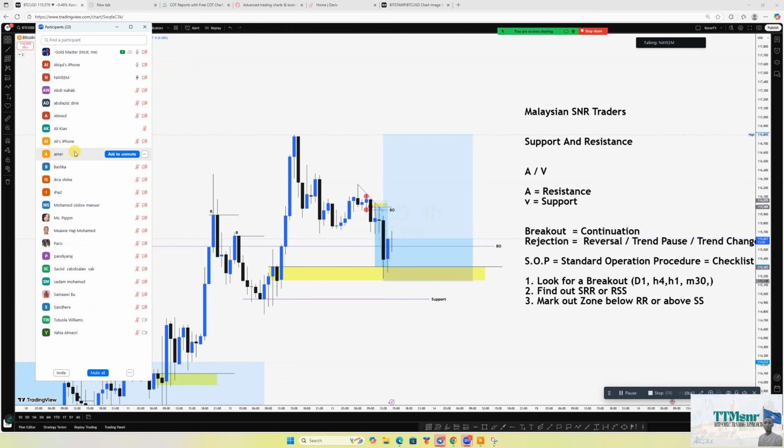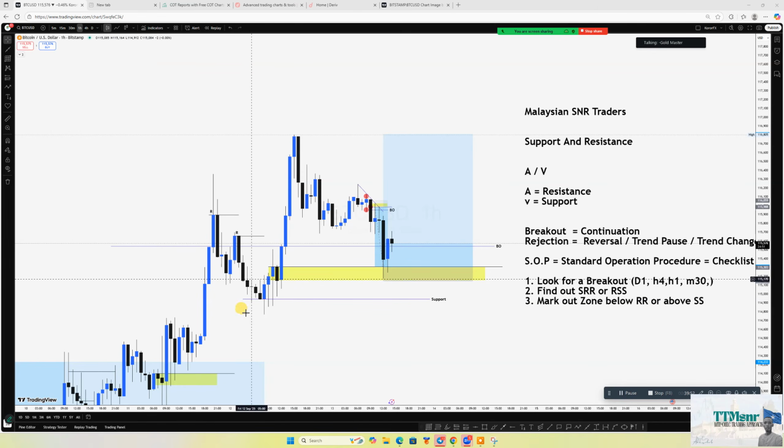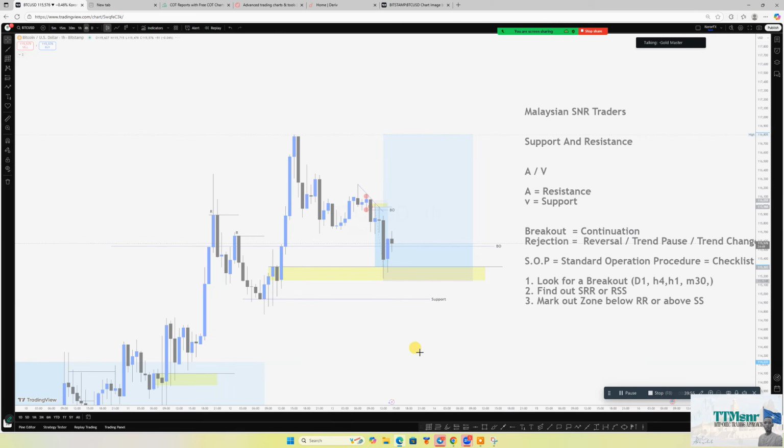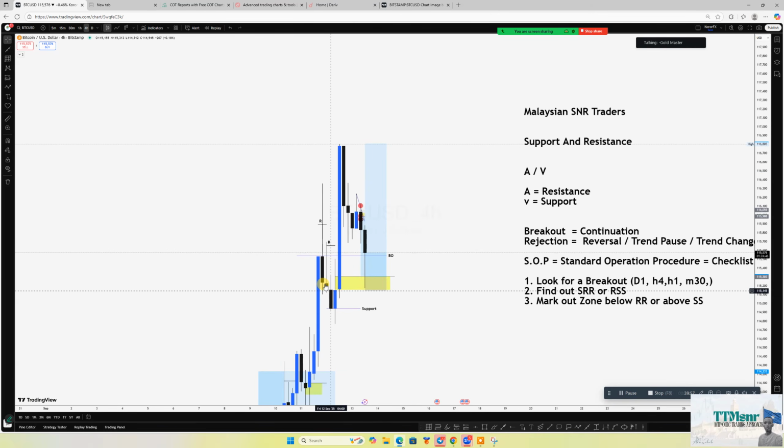Why do we not use DLL level, decisional level? This is a decisional level according to the higher time frame. Can I show you? In the higher time frame, 4 hour, if I go 4 hour, it will be a decisional area. You see this market breaks, boom, that is a decisional area. But we do not want to miss setups, so we use this technique not to miss any setup.